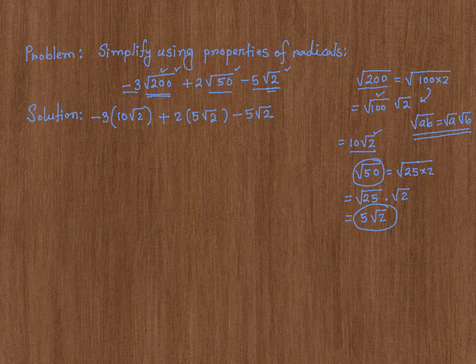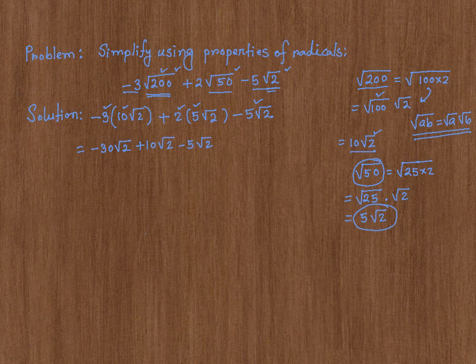All the terms have the radical square root of 2. Now I just have to simplify it and put it together. Negative 3 times 10 is negative 30, then times square root of 2. 2 times 5 is 10, then square root of 2, minus 5 times square root of 2, which is this term. Now I have like terms that I can combine.